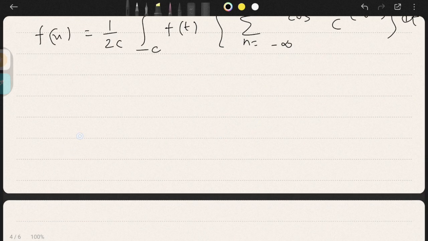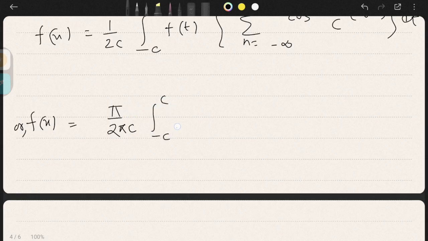So now f of x is equal to 1 by 2c. Let's make it 2 pi c, multiplying pi in the denominator and numerator.